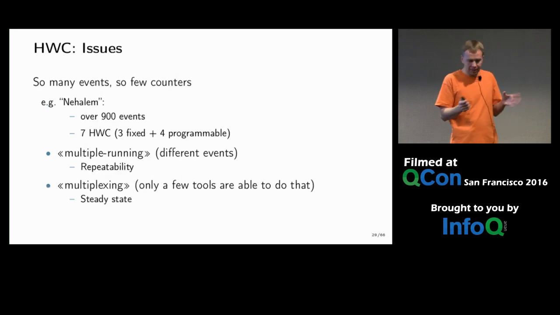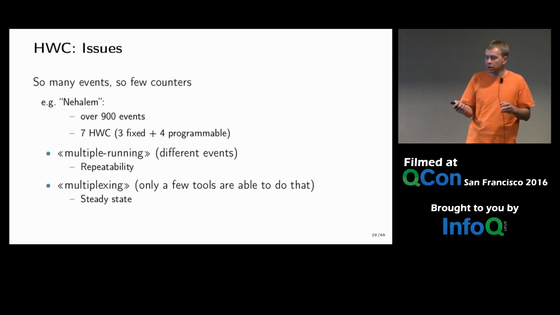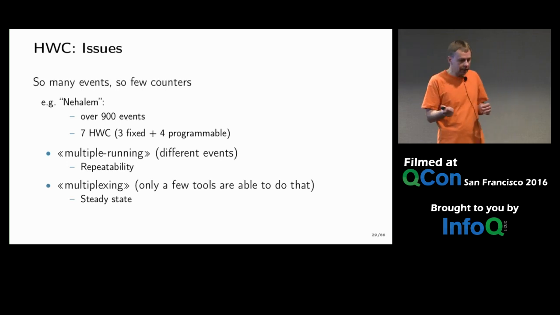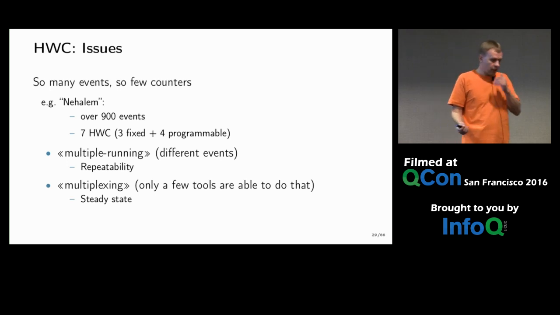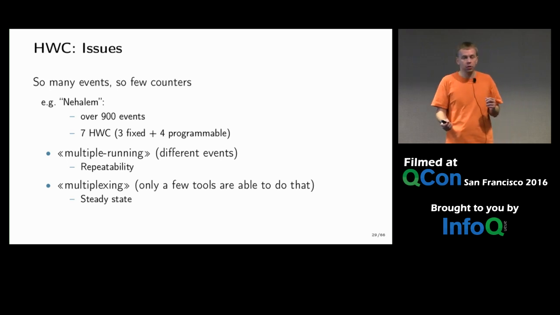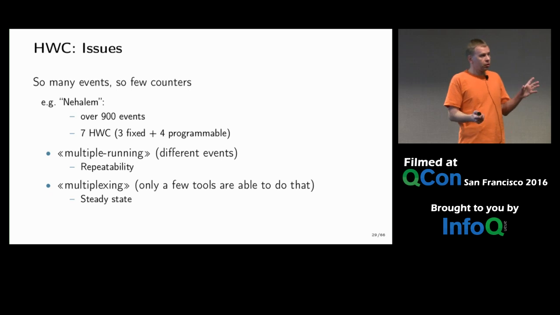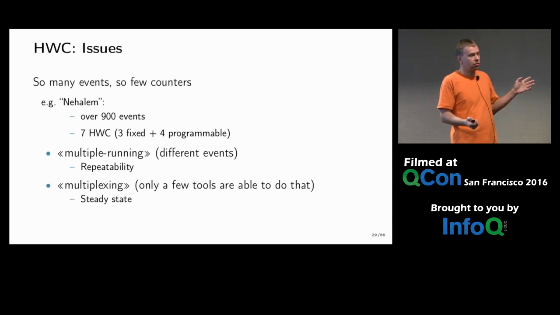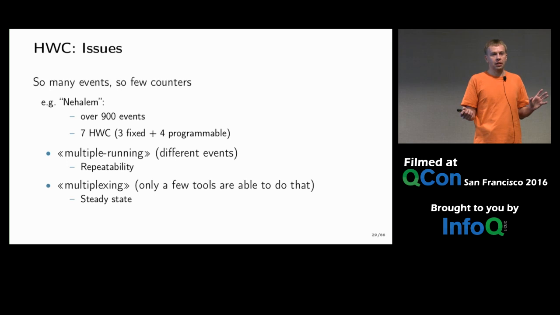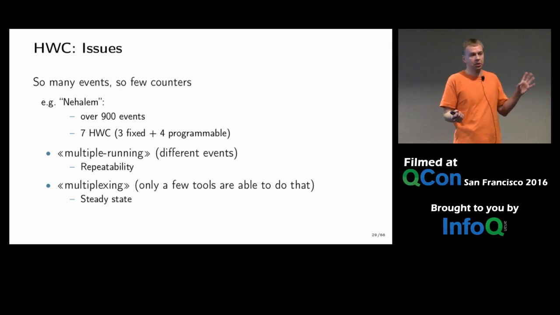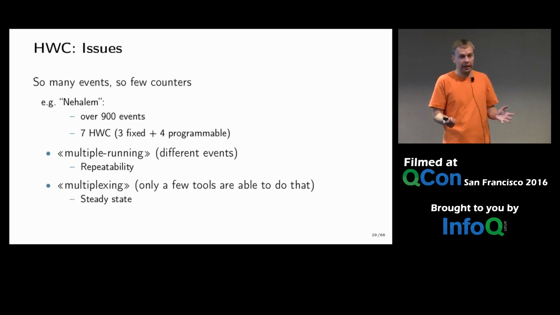And there are some issues working with counters. We have a lot of events, really 100 events for modern CPUs, but the amount of hardware counters is quite small. For modern Intel CPUs there are approximately 4 hardware counters: 3 fixed, and 4 counters which collect different events.